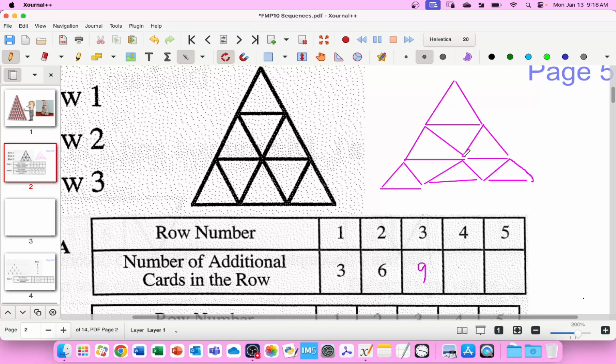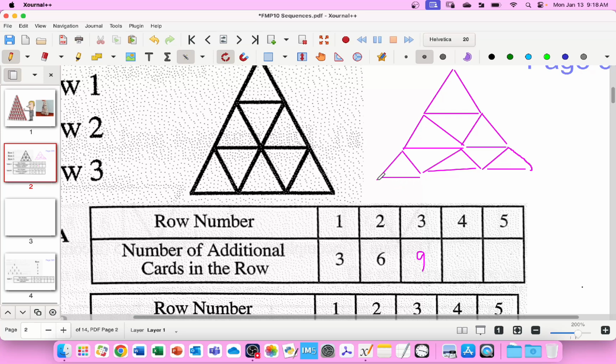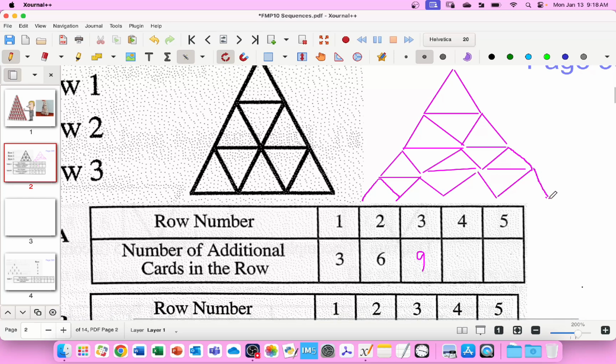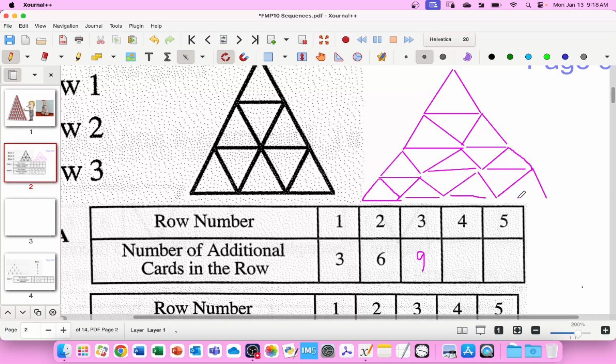Okay. For a 4th row, I'm going to have to add 1, 2, 3, 4, 5, 6, 7, 8, 9, 10, 11, 12 cards.